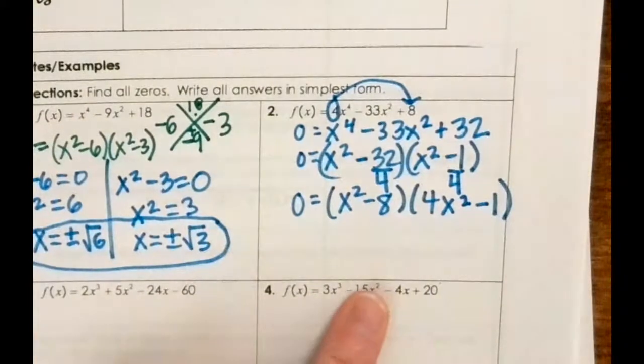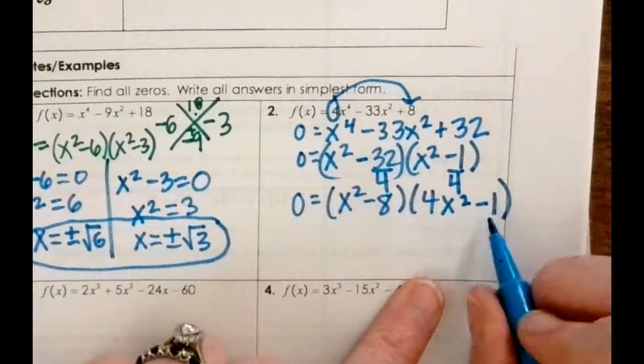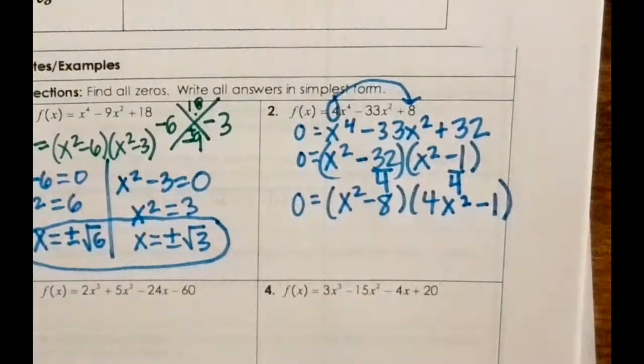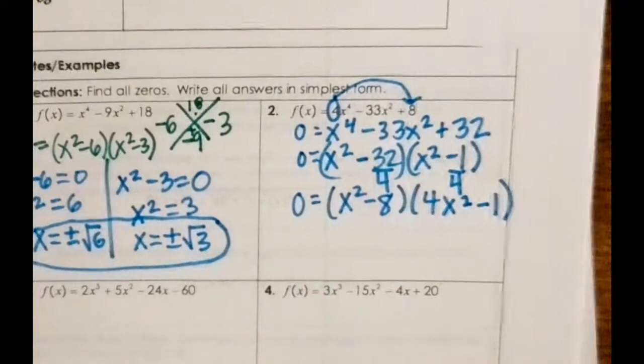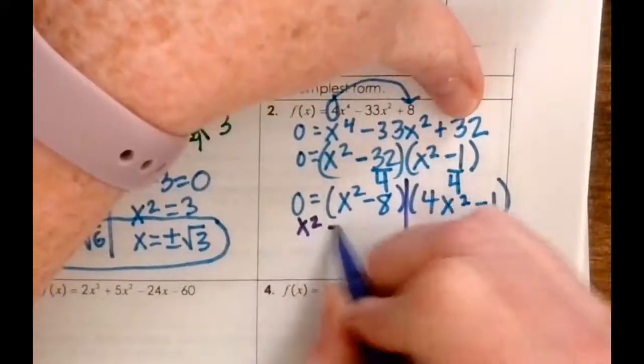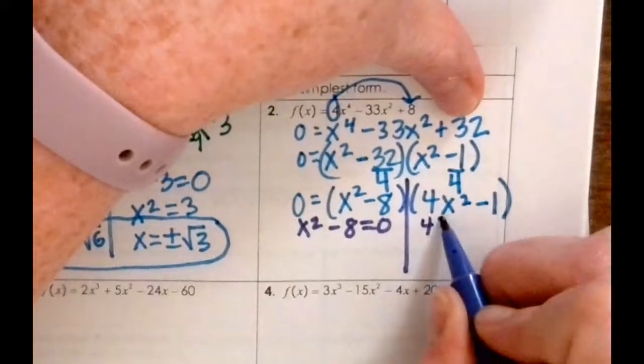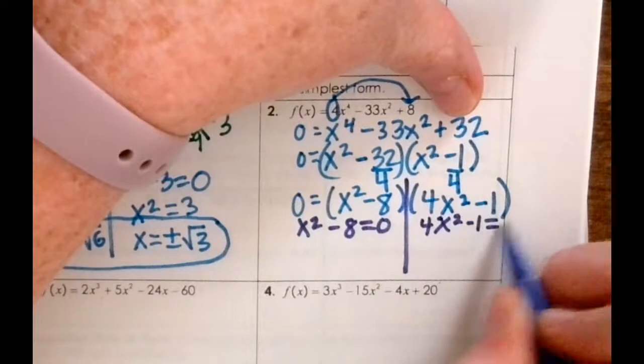Okay, and actually I could factor this one more. You can factor the next one more, or you can just do it by solving like we did number 1. Either way, so I'll have 2 equations, x squared minus 8 equals 0, and 4x squared minus 1 equals 0.